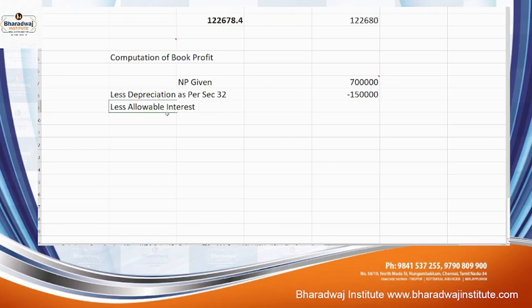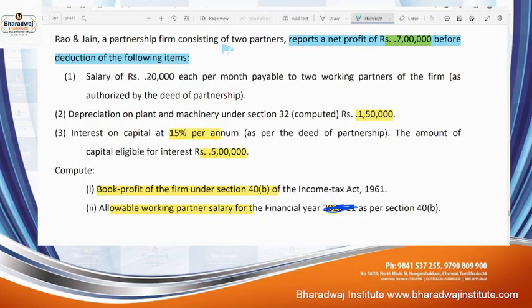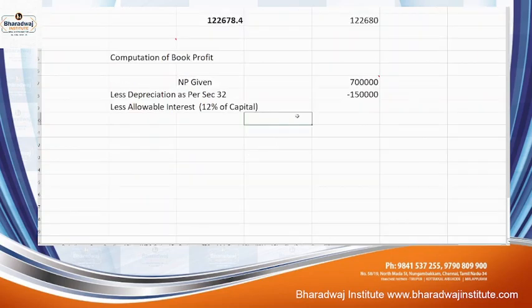What percentage is allowed? 12% of capital. Look at the amount of capital eligible for interest. How much is given? 5 lakhs. So they've given capital of 5 lakhs into 12%. This will give us book profit.